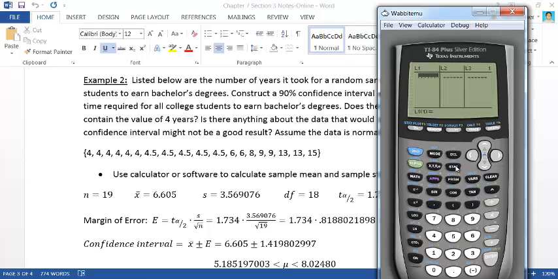Okay, and then go to stat, test, t-interval, enter, and then you would just go to data, and you already got the data in the list, L1, so we typed all this data in L1, and then put it at whatever confidence level, and then calculate, and it'll calculate it for you. So that's another way to do it if you're given data.